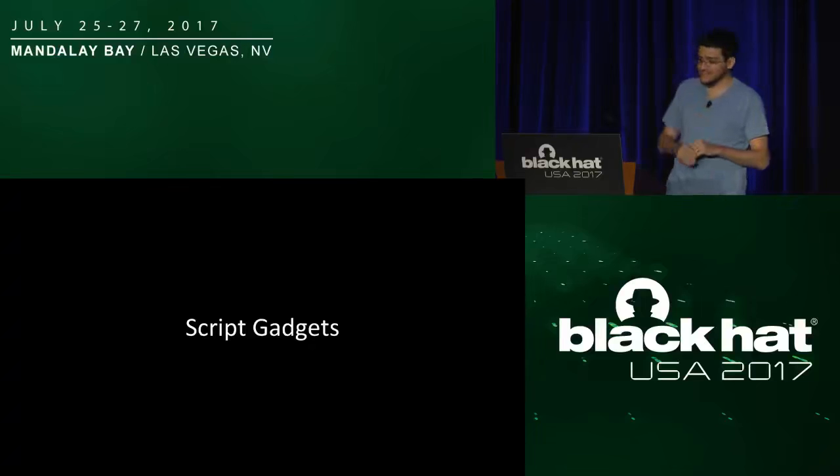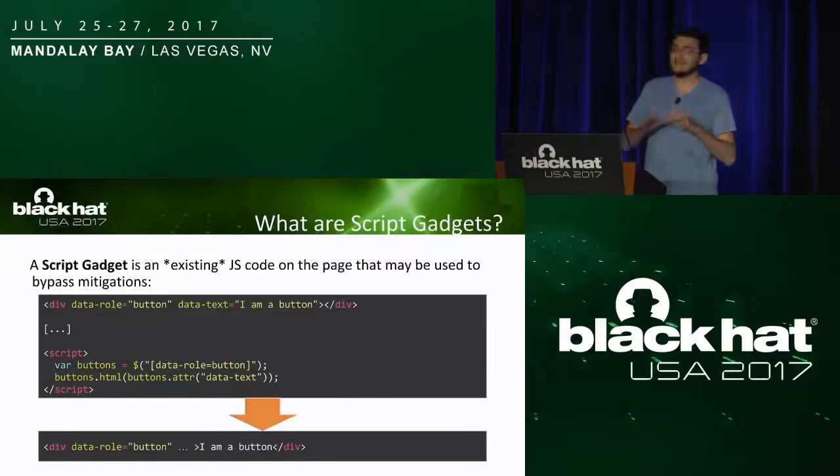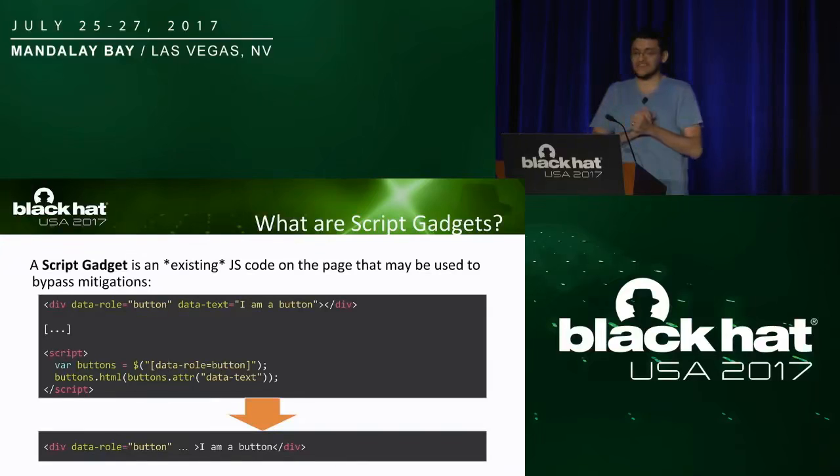All right. So with that introduction to mitigations and what XSS is, we are going to talk about script gadgets. We're going to give you a very simple example of the simplest, most obvious, the lamest script gadget that we have. You have an HTML snippet that doesn't do anything. It just has a div with a couple of attributes and says "I am a button."